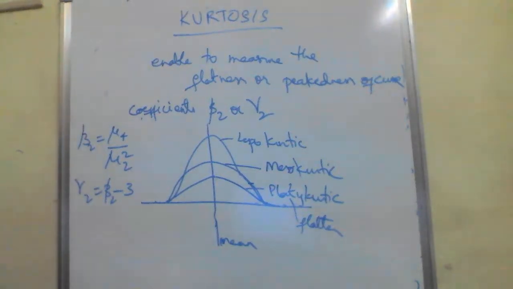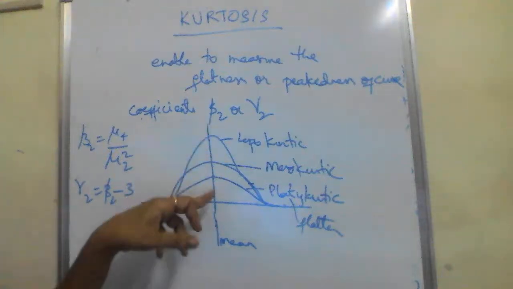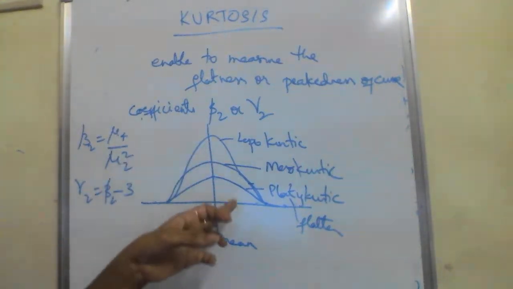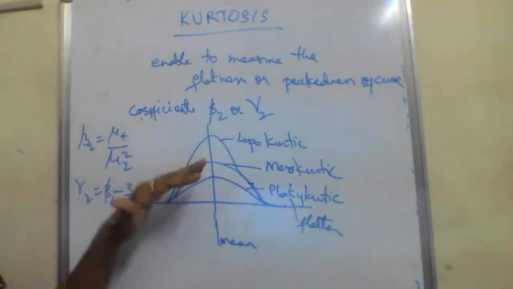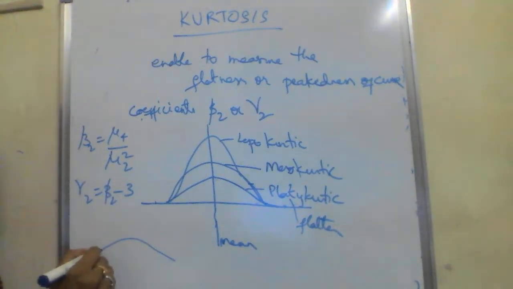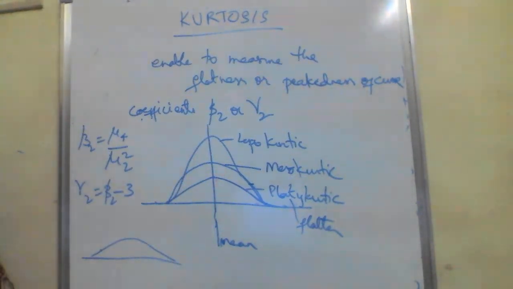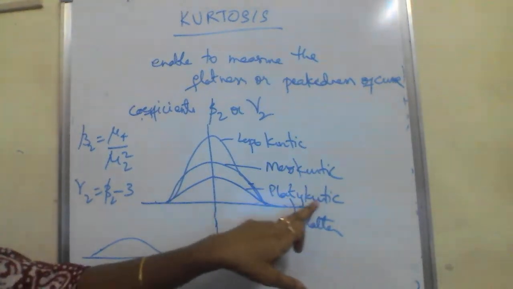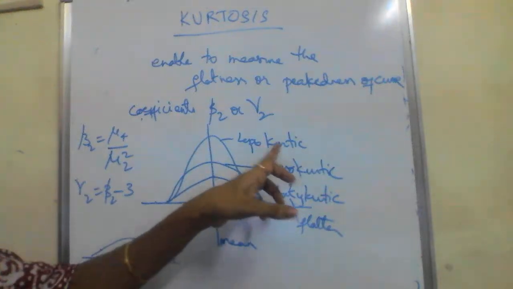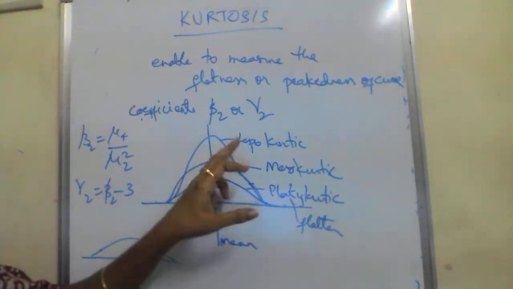Like skewed curves or symmetric curves, here also the curves will be either too much peaked, normally peaked, or flat like this. You can divide the curves into three types: leptokurtic, mesokurtic and platykurtic. Leptokurtic curves are more sharply peaked than the normal curve.